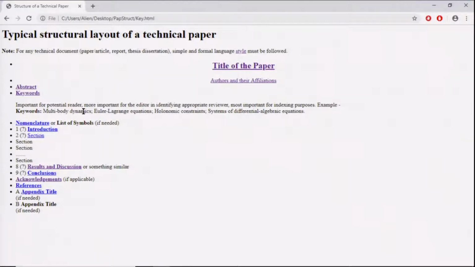Of course, there are 3 words, but together they make one keyword. Then Euler-Lagrange equations is another keyword. Holonomic constraints is another keyword, and this whole thing is another keyword. Typically 4 keywords are enough for any paper. Some papers will have 5, some may have 3, but 3 will look very less.